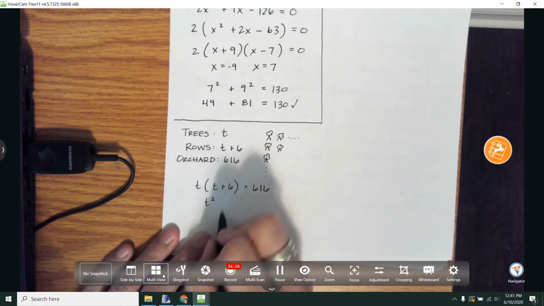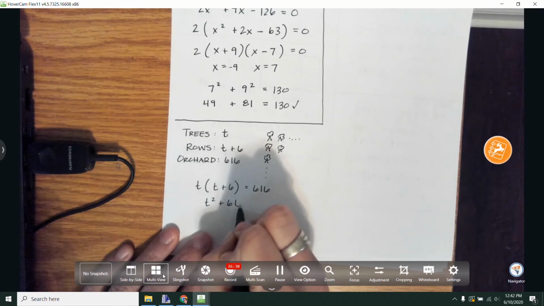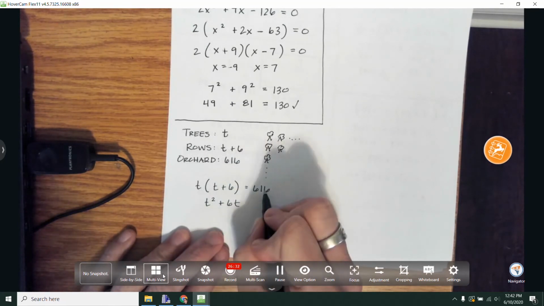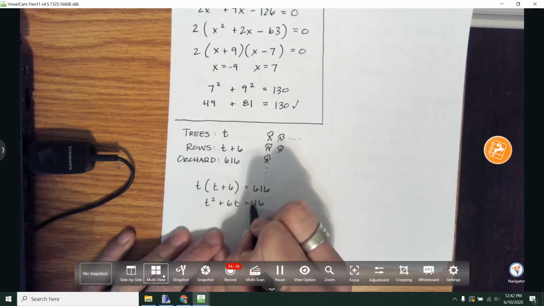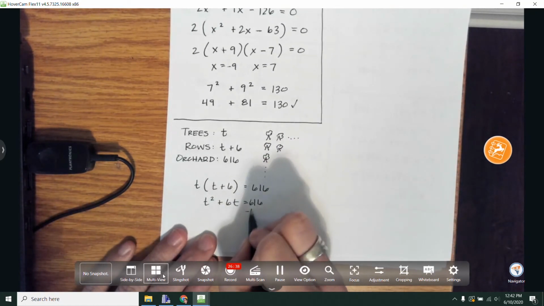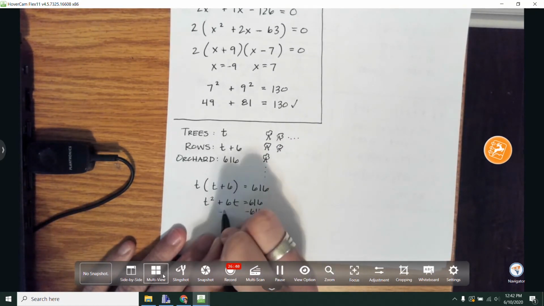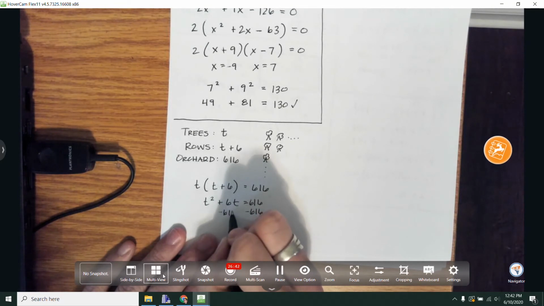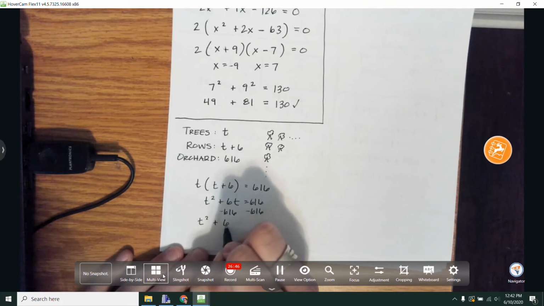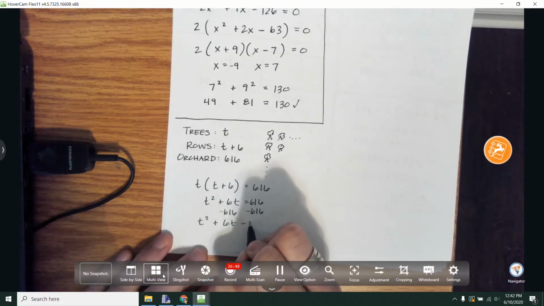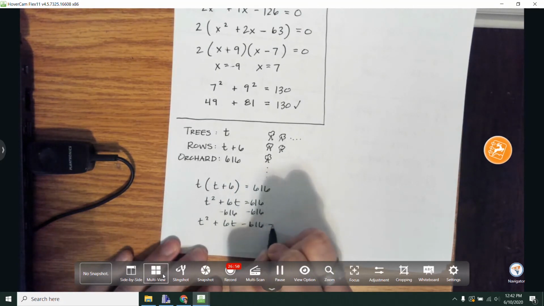T times 6 is 6t. And then that gives us 616. Oh, yeah. And we could minus our 616. Minus 616. And that gives us t squared plus 6t minus 616 equals 0.